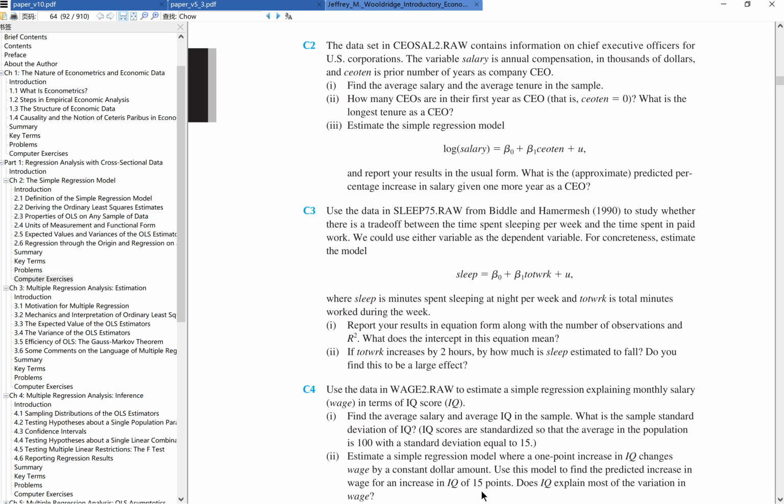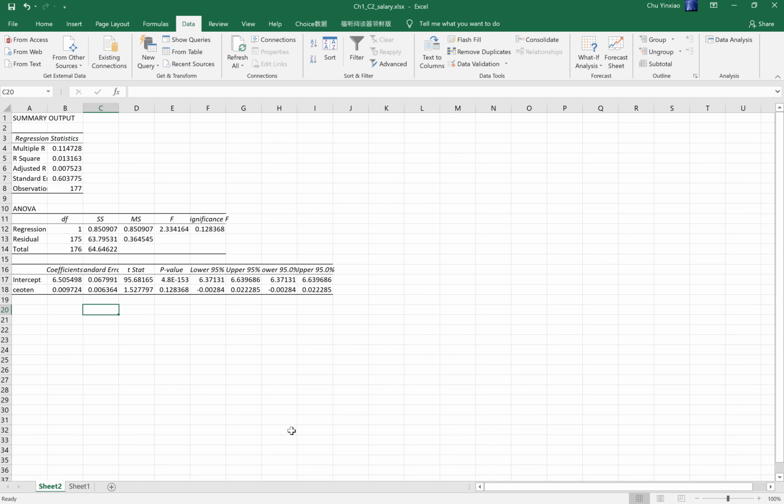And from here, this number basically tells us that if CEO tenure increased by one more year, if you have one more year in the CEO position, your salary will be increased by almost 1%, right? 0.97%, almost 1%.